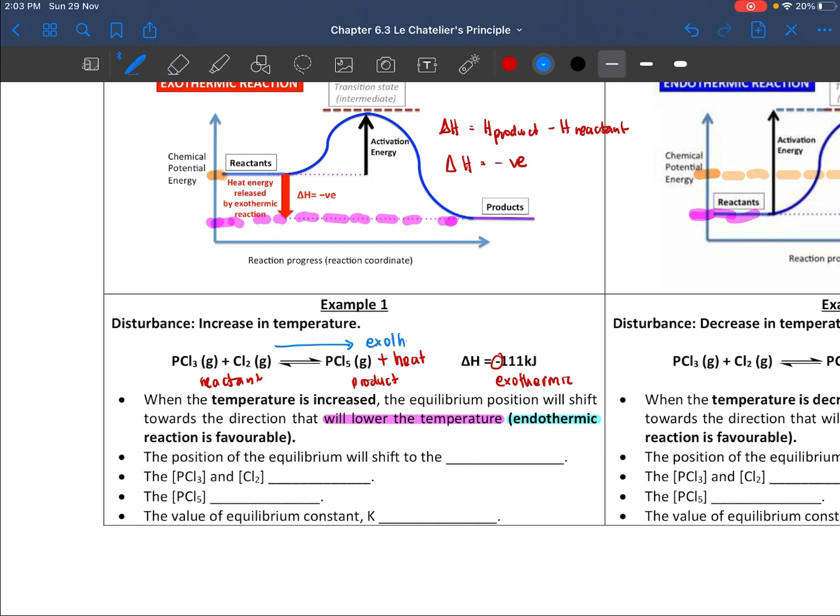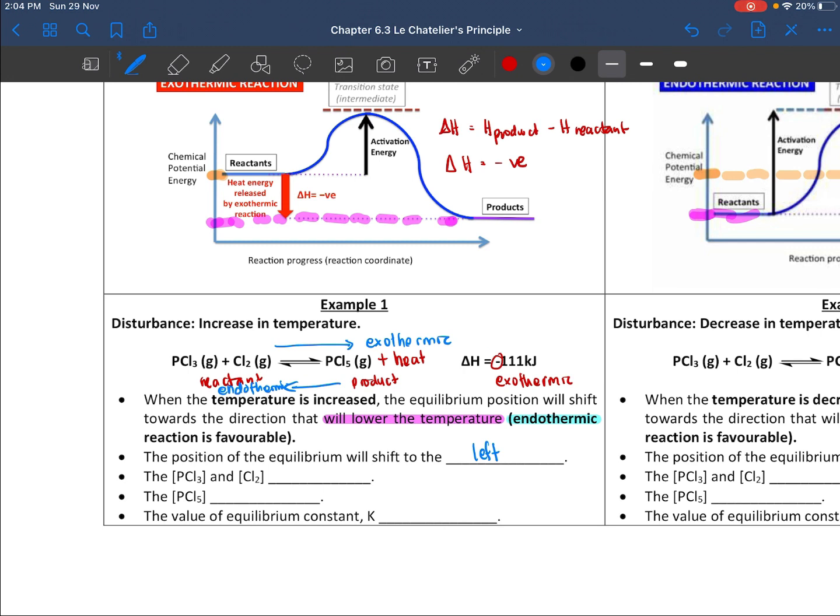So maksudnya ke kanan adalah reaction exothermic, tapi ke kiri adalah endothermic. Okay, so since ke kanan exothermic, ke kiri endothermic, so kiranya kalau temperature tu meningkat, kita kena favor endothermic lah. So kita kena ke kiri. Okay, so the position of the equilibrium will shift to the left.